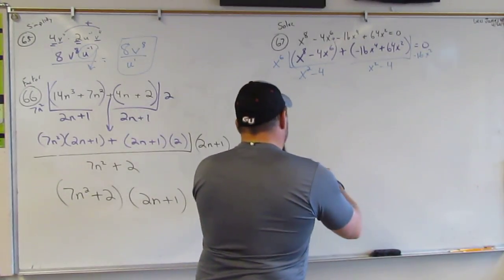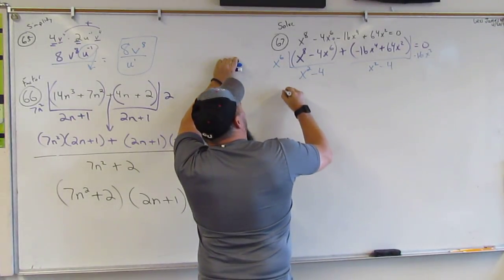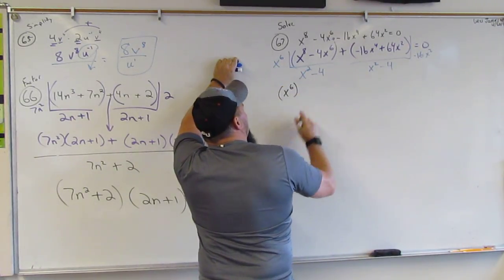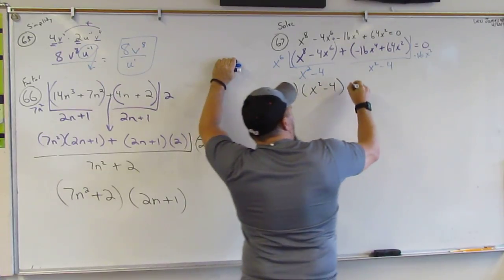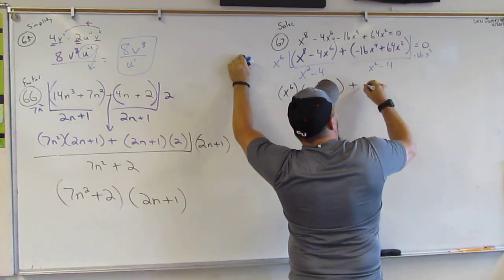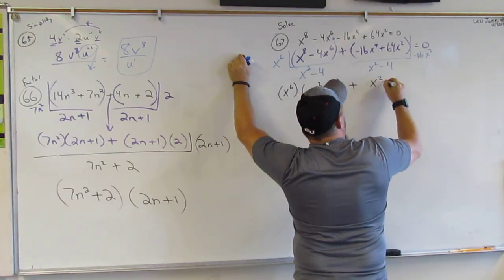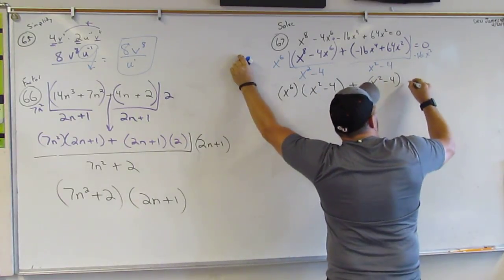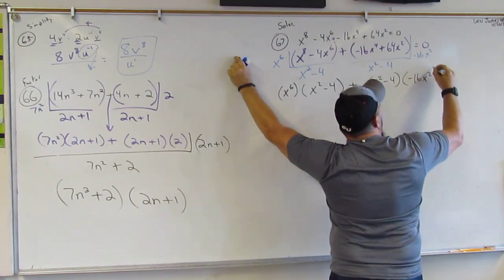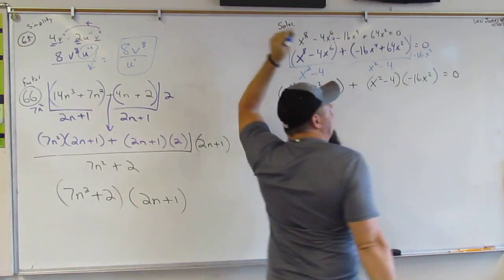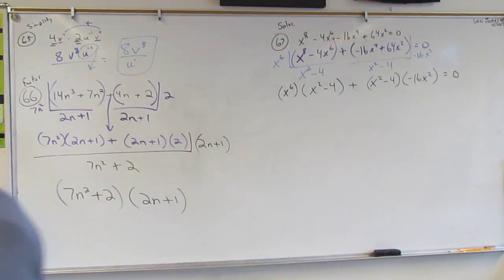All right, so then I'm going to rewrite this. So I've got x to the 6th times x squared minus 4 plus x squared minus 4 times negative 16x squared, right? Equals 0. Now, what's common?